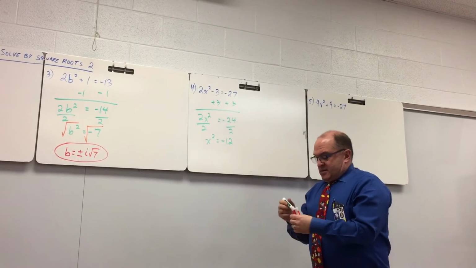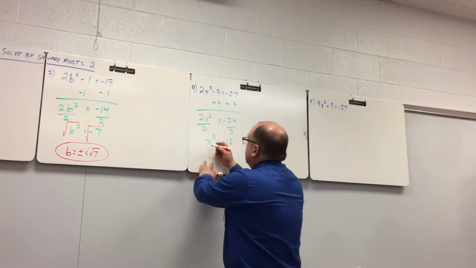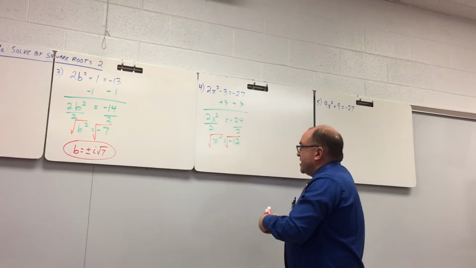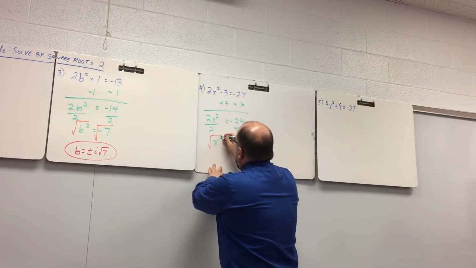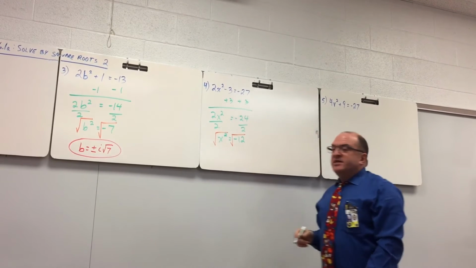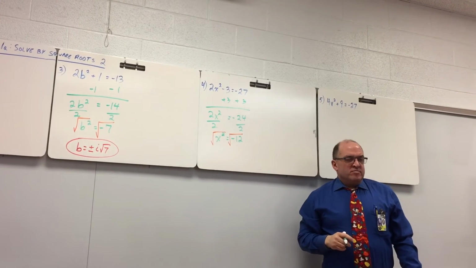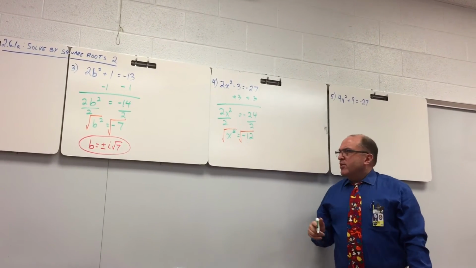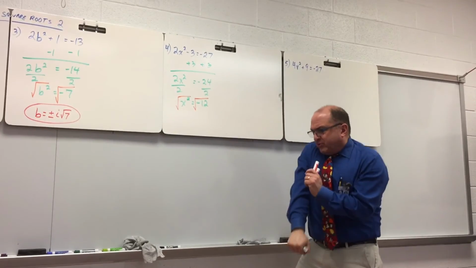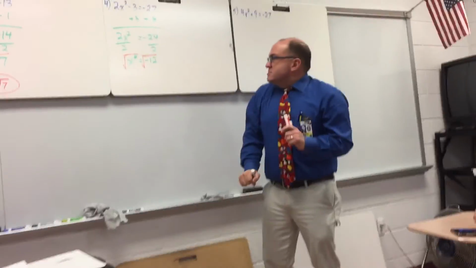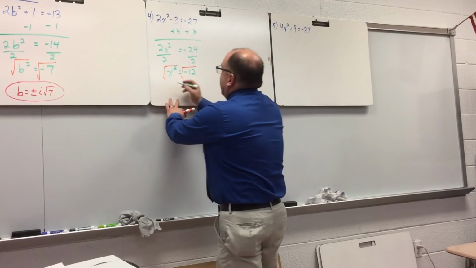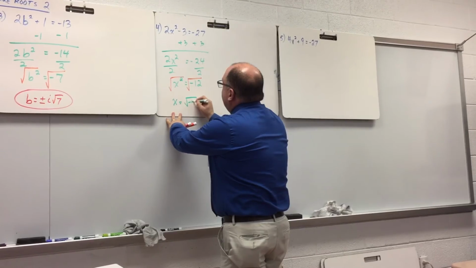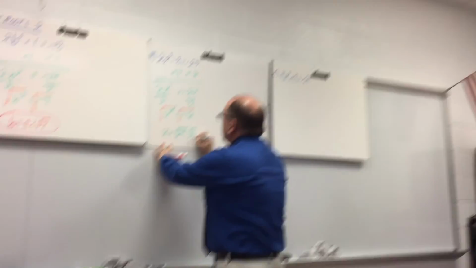Now, here, you got to go back into the memory banks. Okay? Is there a perfect square that goes into 12? 4 goes into 12. Oh man, we're going to break it down. Break it down. So x equals square root of negative 4 times square root of 3.